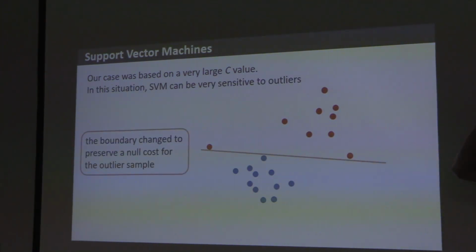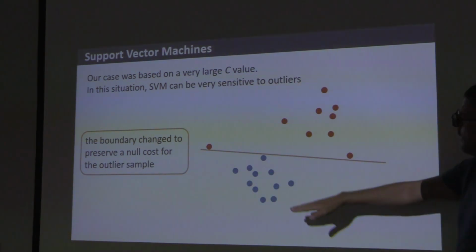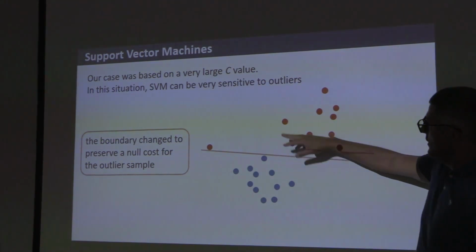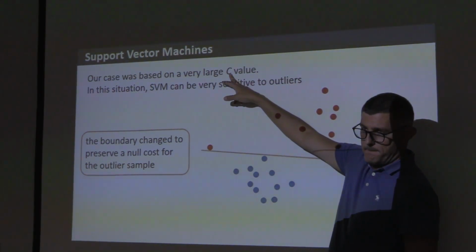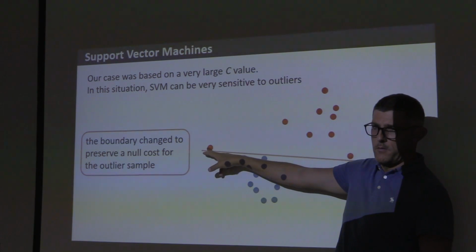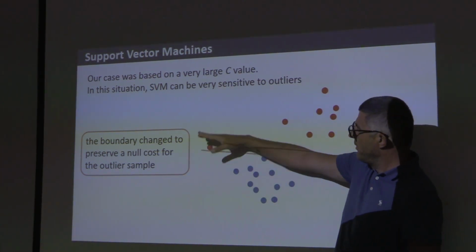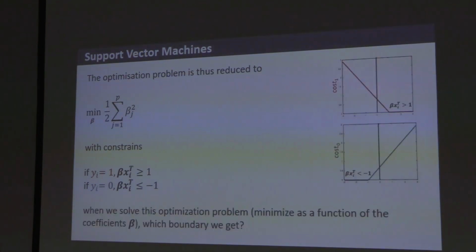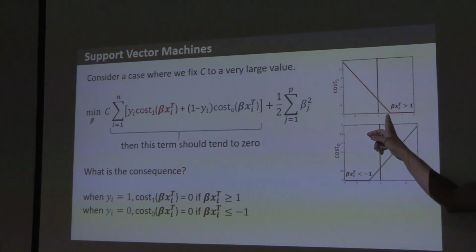What happens is that if you have an outlier sample in the training set, like in this case, and we use this very high C value, then the support vector machine tries to reduce the cost for this sample also, and thus it would find a threshold like this one, because in this way the cost is minimum.